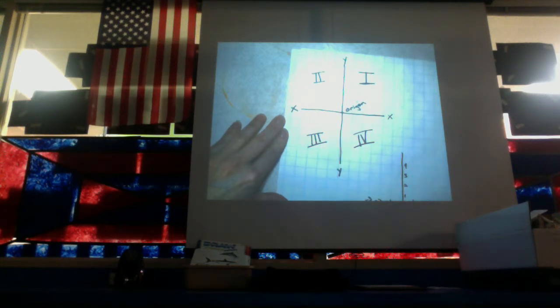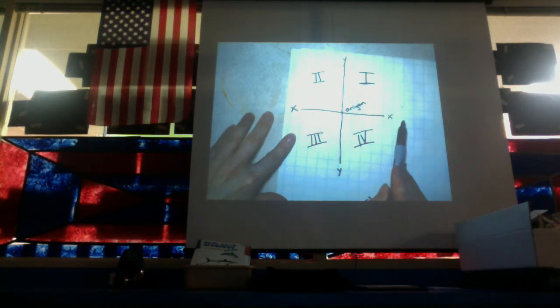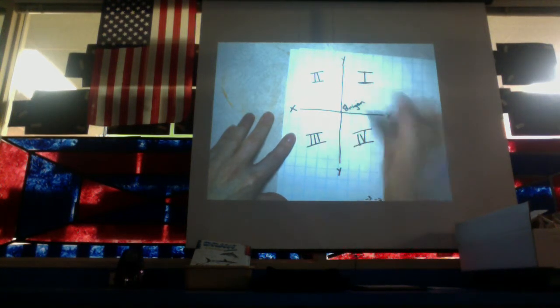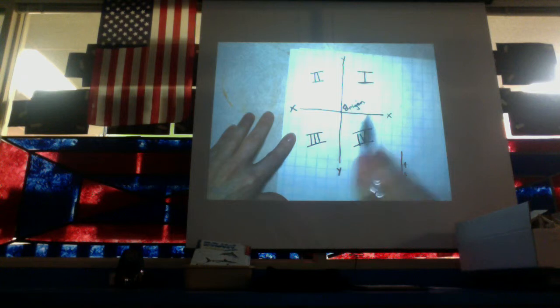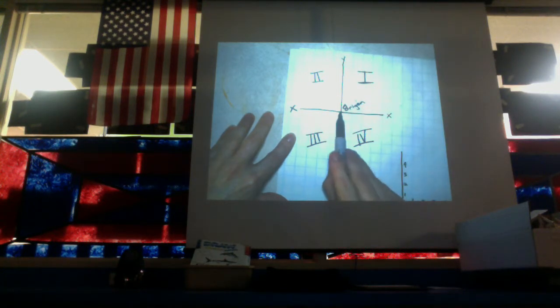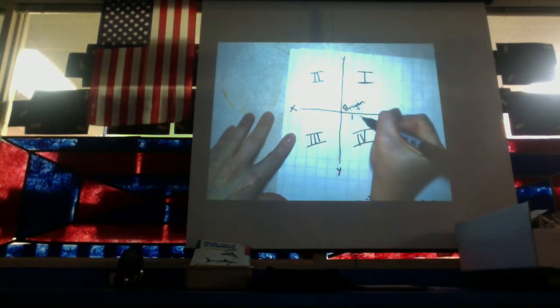As you set up your coordinate planes, we're going to put numbers. Think about the x-axis as a number line. You've set up number lines before. The origin is going to be 0. If this is 0, this would be 1, this would be 2.